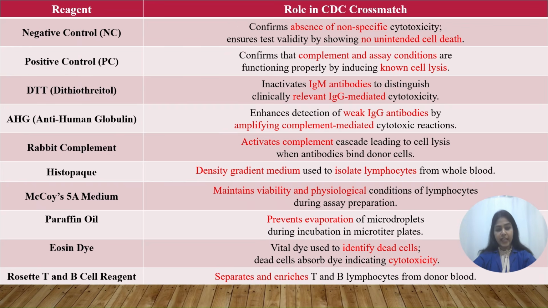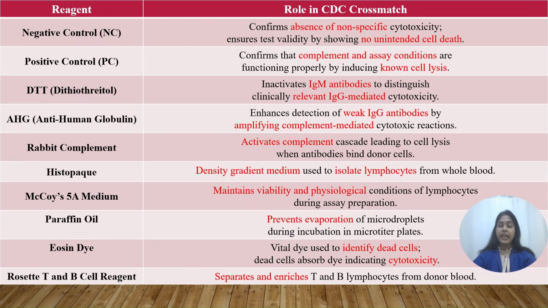Next we have AHG, that is anti-human globulin serum. It enhances the detection of weak IgG antibodies by amplifying the complement-mediated cytotoxic reactions, as it detects those antibodies which are weakly bound, and those are the IgG antibodies.